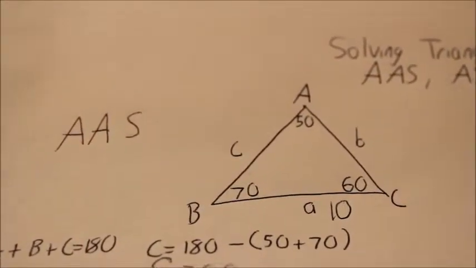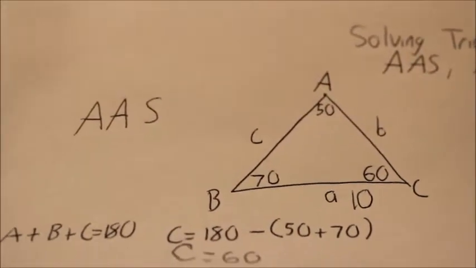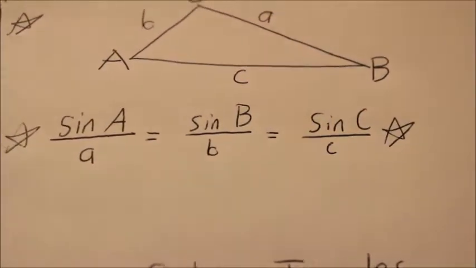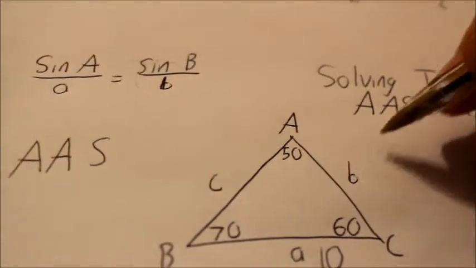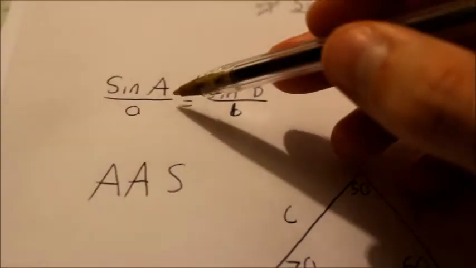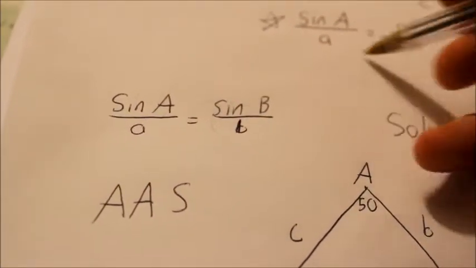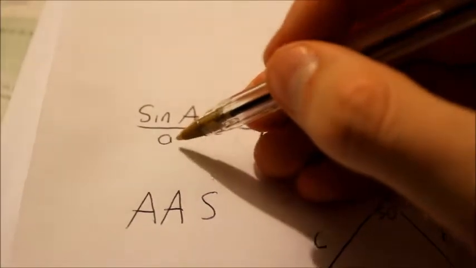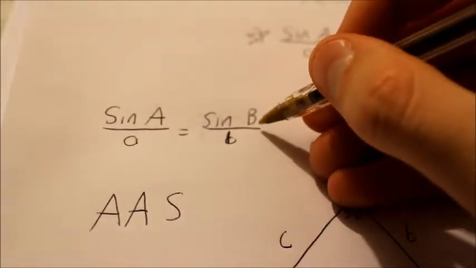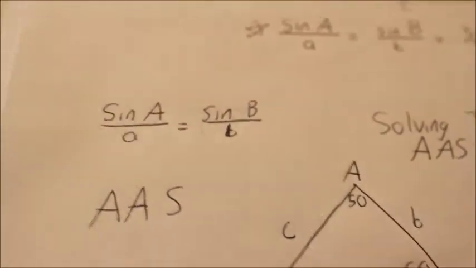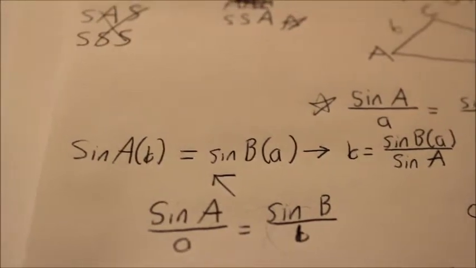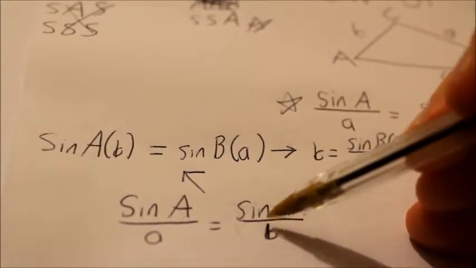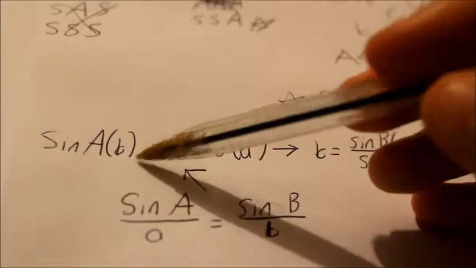Now that we have the angle measurements for each angle in our triangle, we can use the equation of the law of sines in order to find the side lengths of B and C. First, let's use the law of sines equation to find the length of side B. Since we know the values of angle A and side A, it would be smart to use that part of the law of sines equation in order to find the side of length B. The sine of A divided by the length of A should equal the sine of angle B divided by the length of side B. Once we have our equation, we begin by simple cross multiplication, multiplying sine of A by the side length of B and the sine of B by the side length of A. They will equal each other.